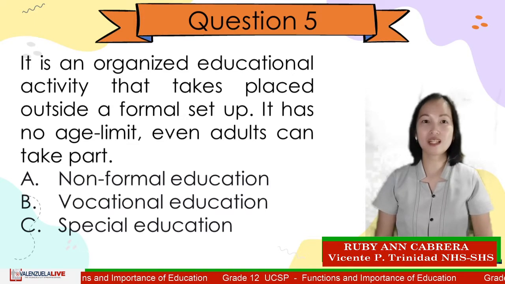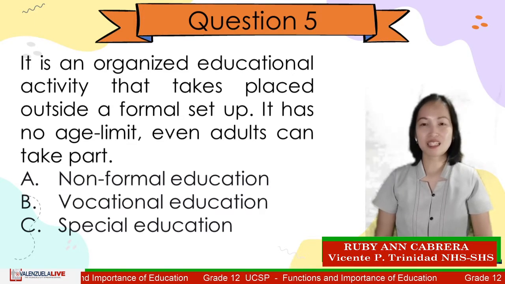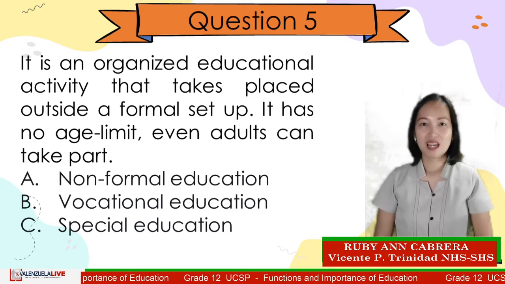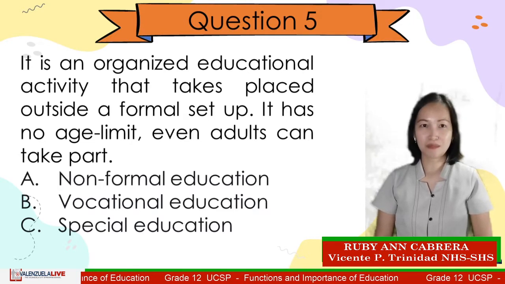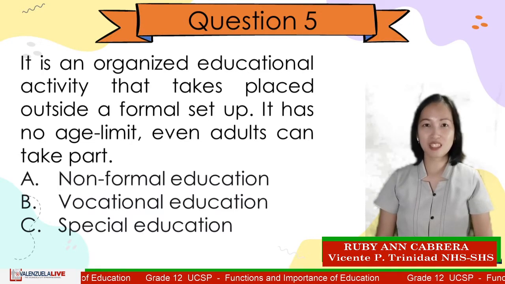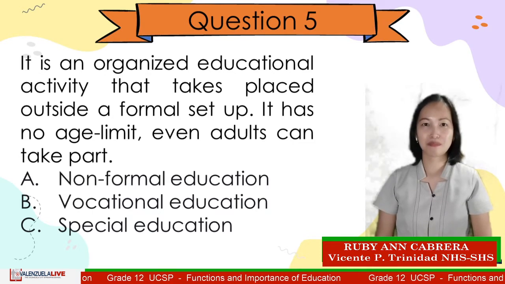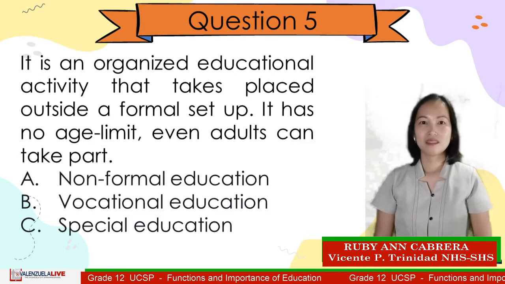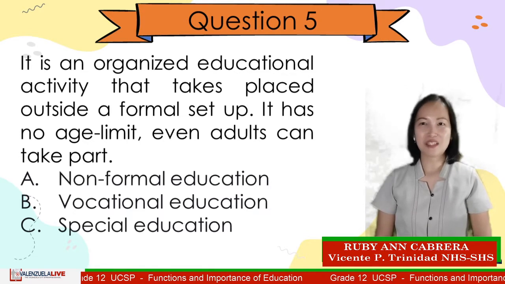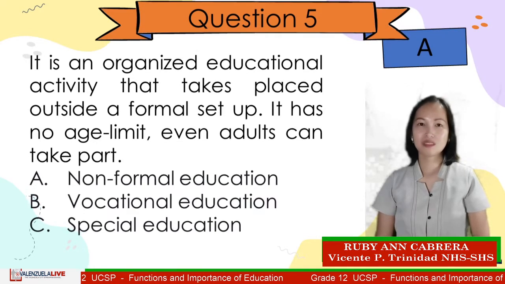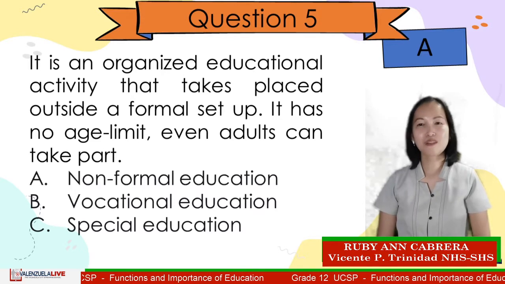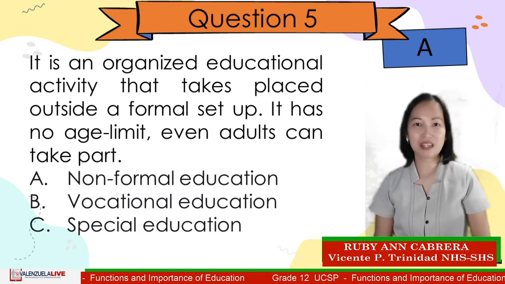It has no age limit. Even adults can take part. A. Non-formal education. B. Vocational education. Or C. Special education. The correct answer is letter A. Great job! Thank you for participating in our pre-test.